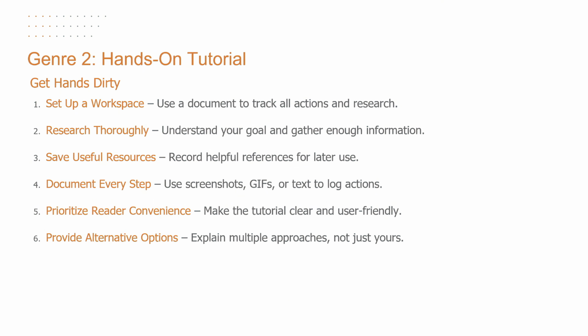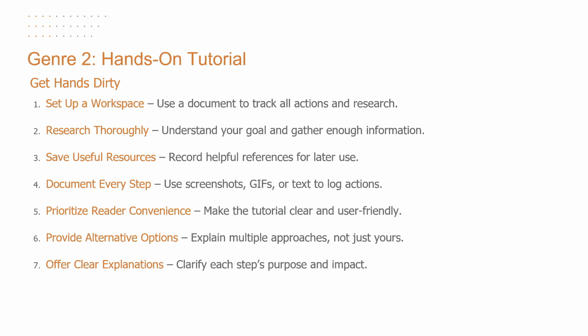The third one is make it reader friendly. Always keep the reader in mind. Explain your choices and mention alternatives so they can pick the method that works best for them. The fourth one is explain each step. Give a short explanation of why each step matters.